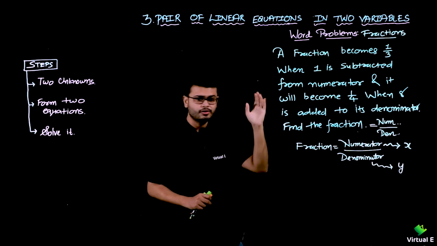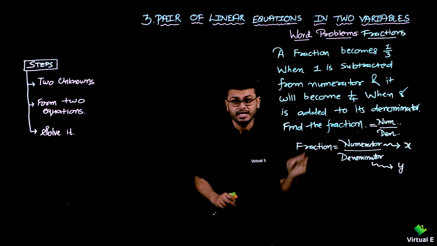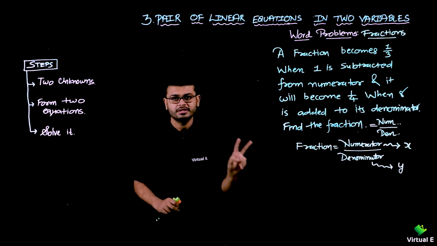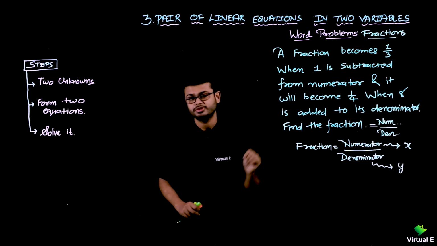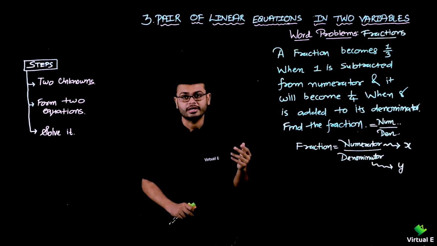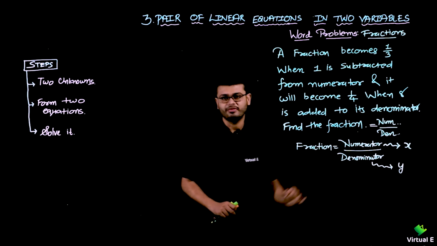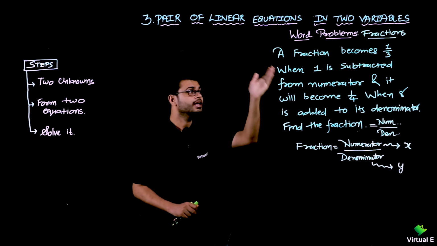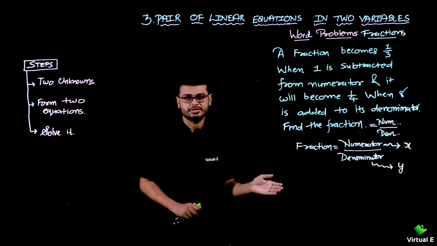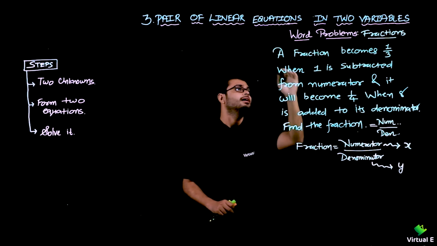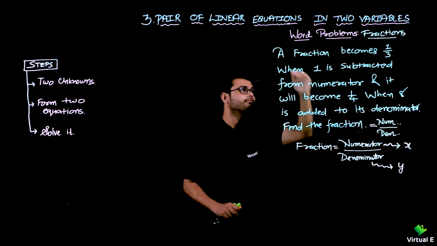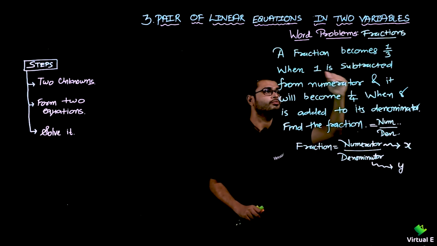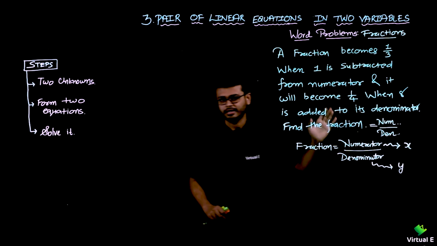Read the question. What information is given? We want two equations, so two different kinds of information are given in the question. We need to interpret it and write it in mathematical form. We are converting from English words to mathematical language. So let's start. A fraction becomes 1 over 3 when 1 is subtracted from numerator, and stop there.